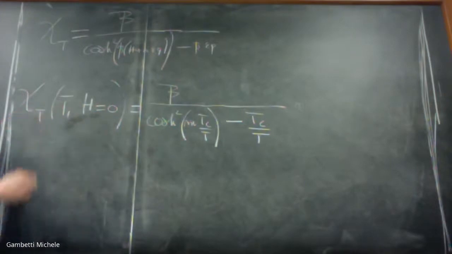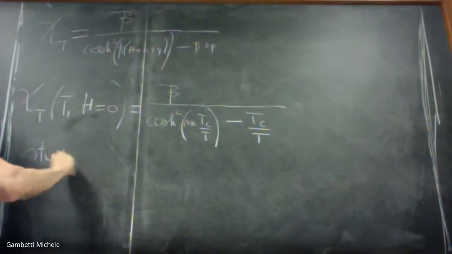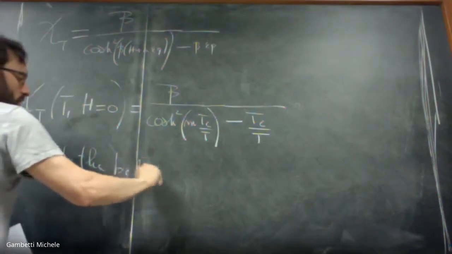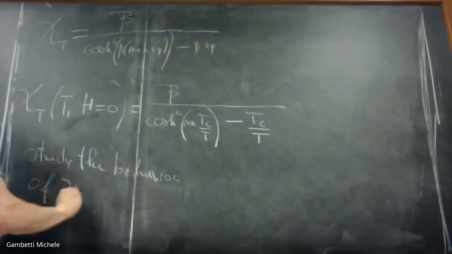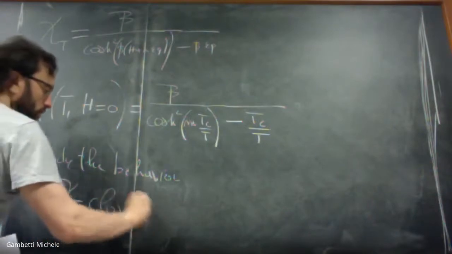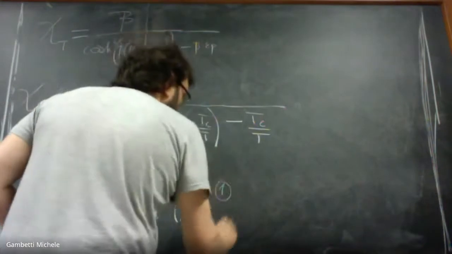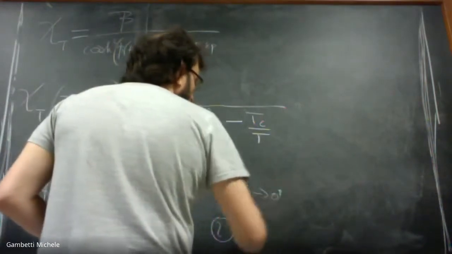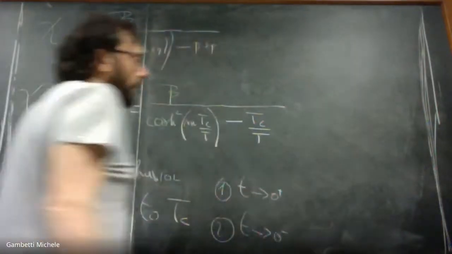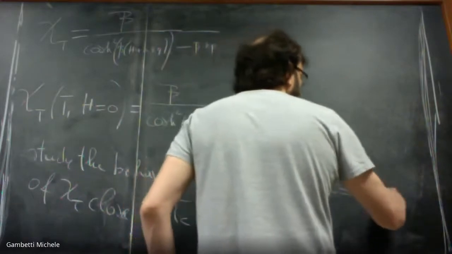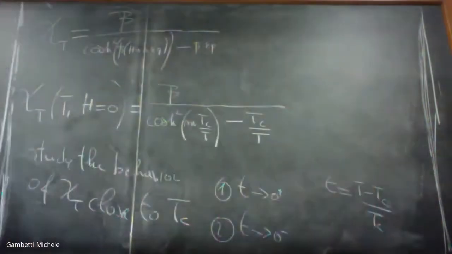And what we'll do now is expand, or if you want, study the behavior of chi of t close to Tc, which means in the limit in which t is approaching 0, 1, t approaching 0 from above, and t approaching 0 from below, where I remind you that t was equal to T minus Tc divided by Tc, the deviation from the critical temperature.